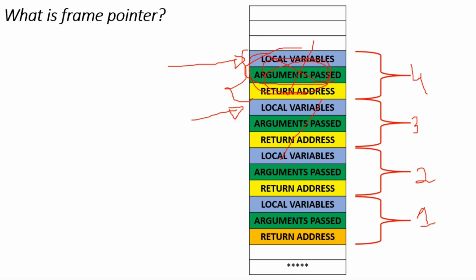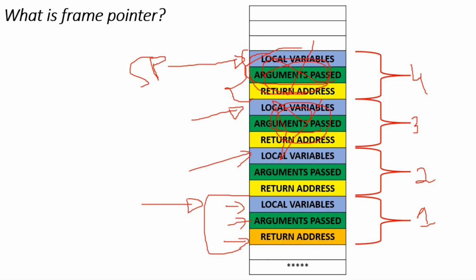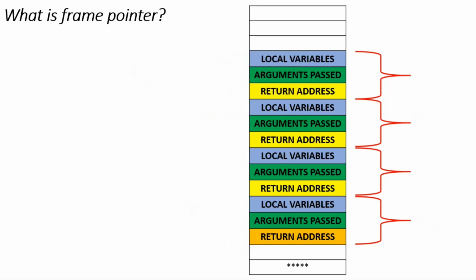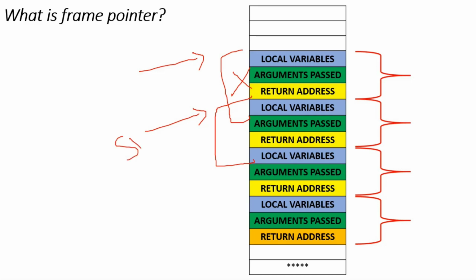Similarly, when this stack frame is removed from the memory, the stack pointer points to the beginning of another stack frame. The stack pointer does not point to anything within the stack frame. It does not point to the return address or arguments or local variables. It directly points to the beginning of the stack frame once the remaining stack frames are removed from the stack. So this is how the stack pointer works.